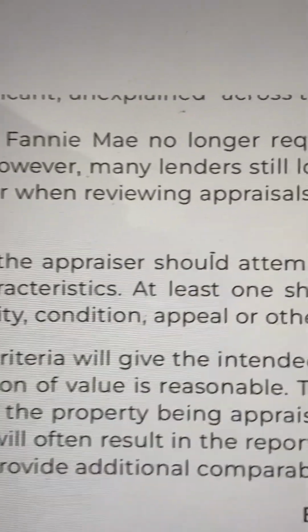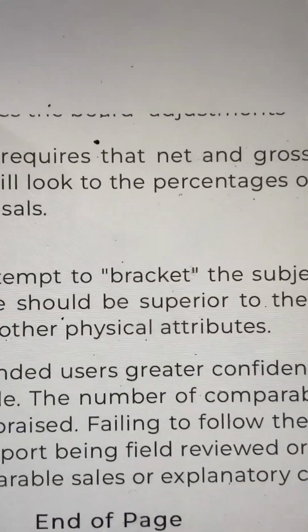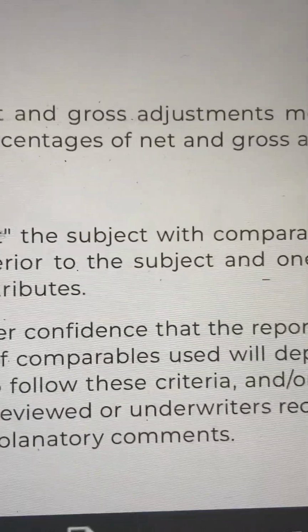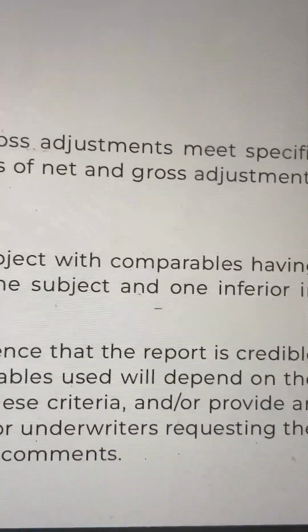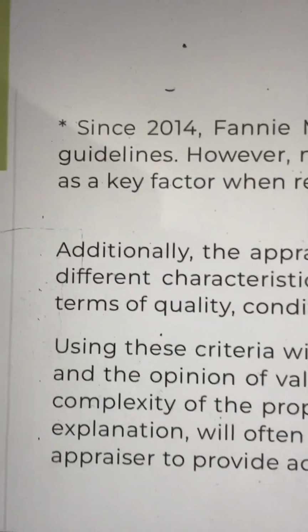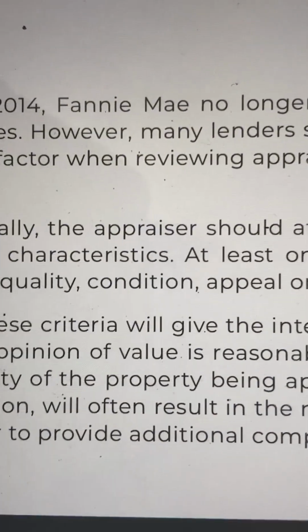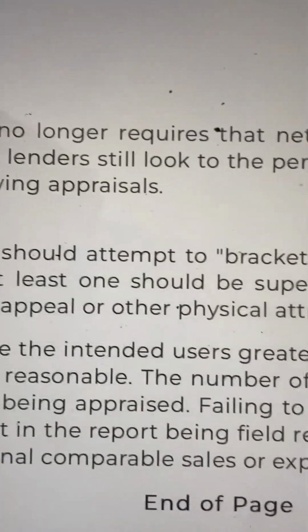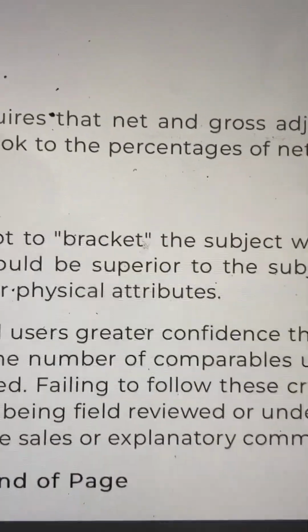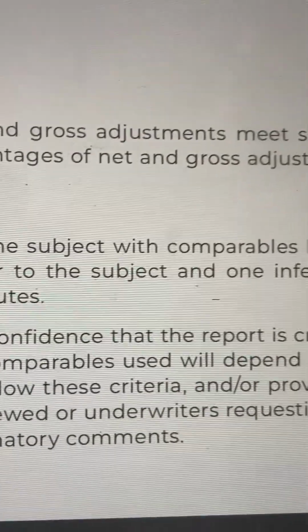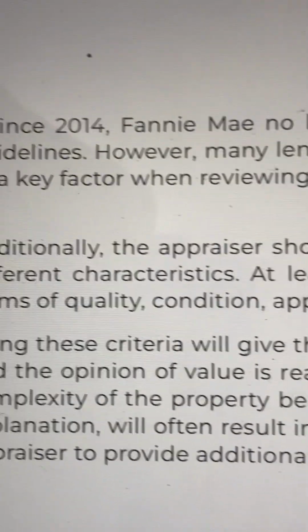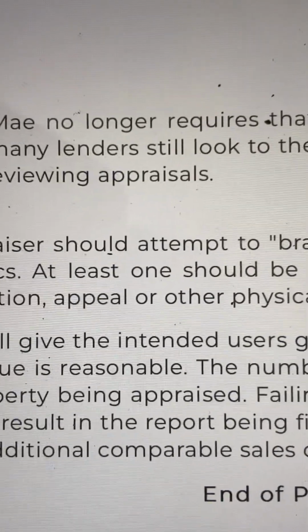Additionally, the appraiser should attempt to bracket the subject with comparables having different characteristics. At least one should be superior to the subject and one inferior in terms of quality, condition, appeal, or other physical attributes.